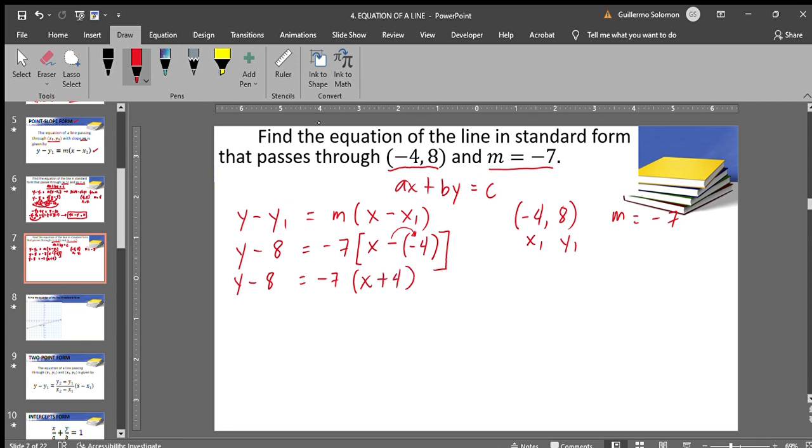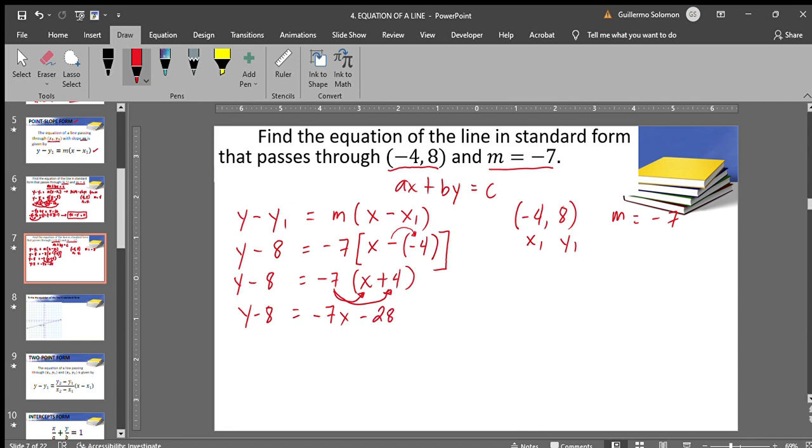Ayan. Next procedure. So, rewrite my y minus 8. Ito muna ulit. Sa parenthesis ang unahin natin. So, negative 7 multiplied by x, it will become negative 7x. And then negative 7 multiplied by negative 4, that is negative 28.